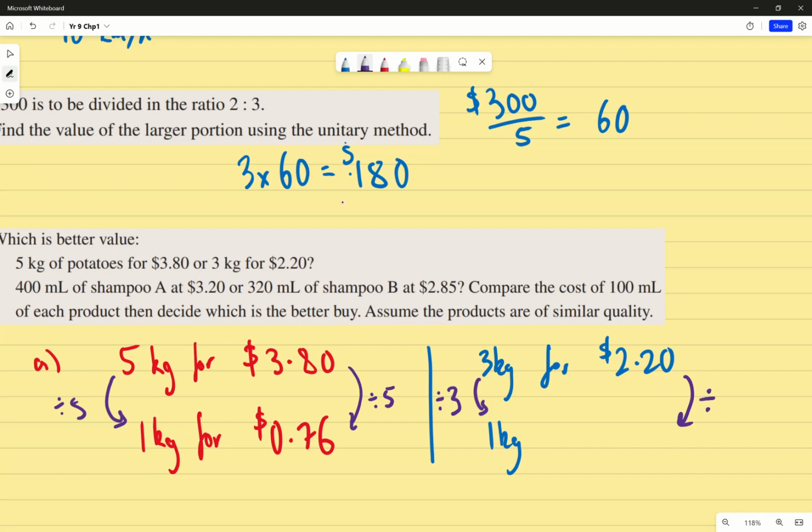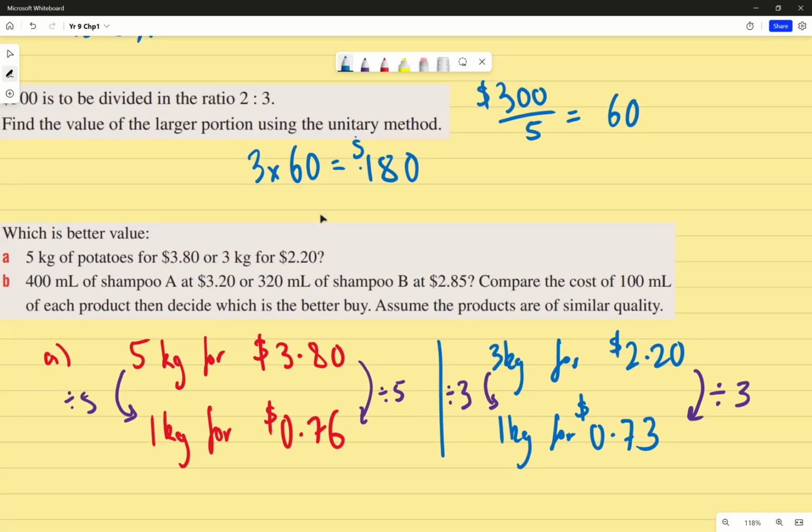I divide it by 3. So again, I put this in the calculator. I go 220 divided by 3, and I end up with 0.73. So which one's better value, the 5 kilo or 3 kilo bag? 3 kilo bag actually, by 3 cents a kilo. Okay, any questions? All right.